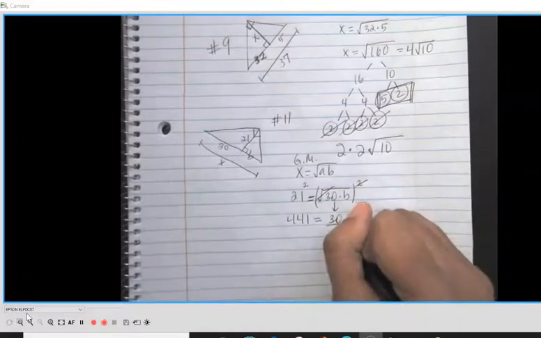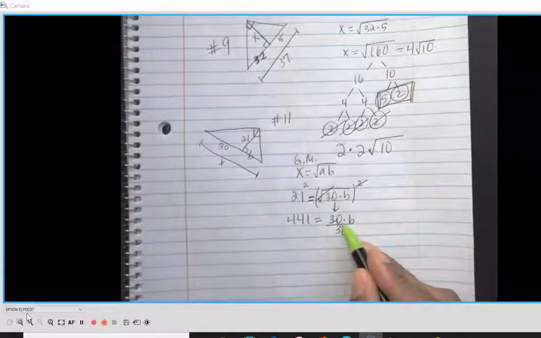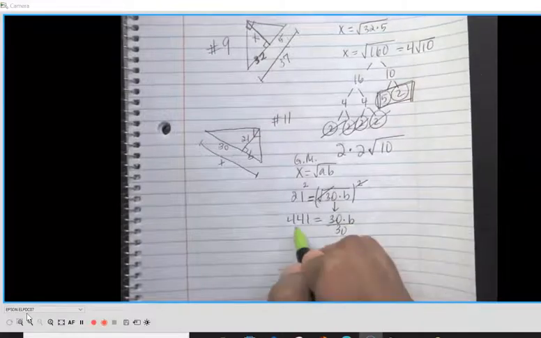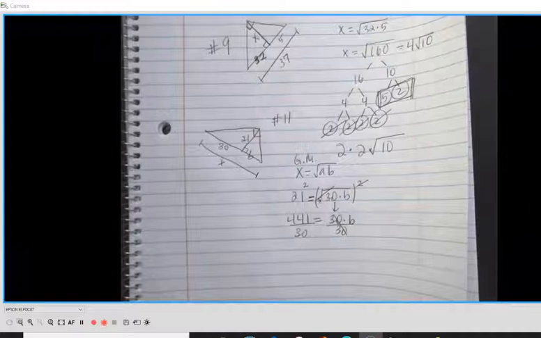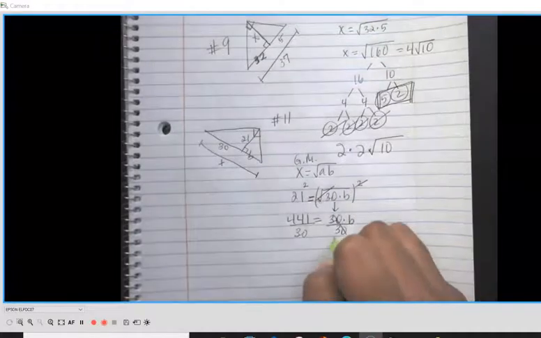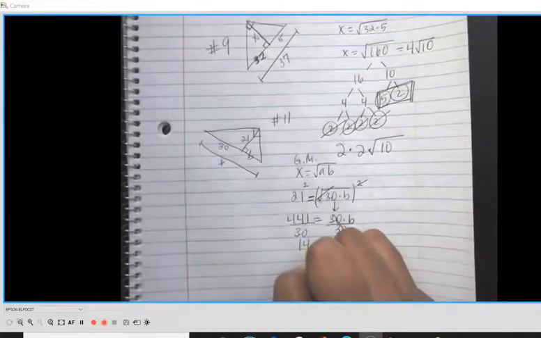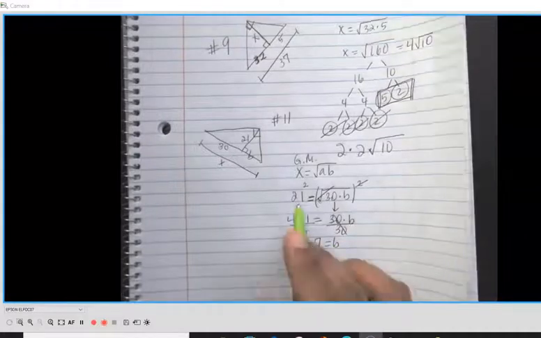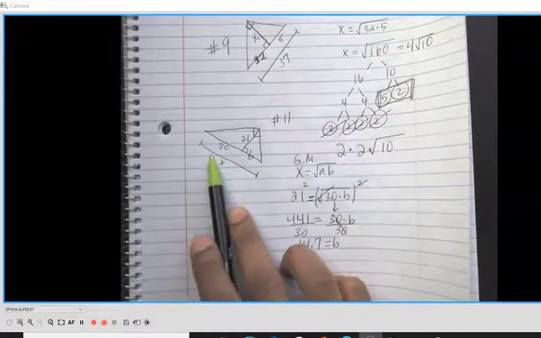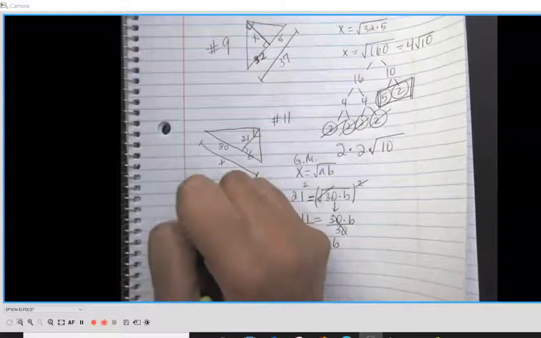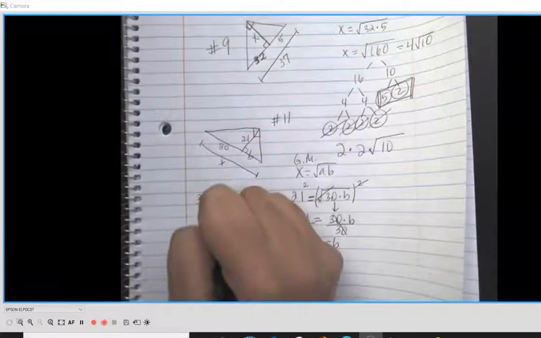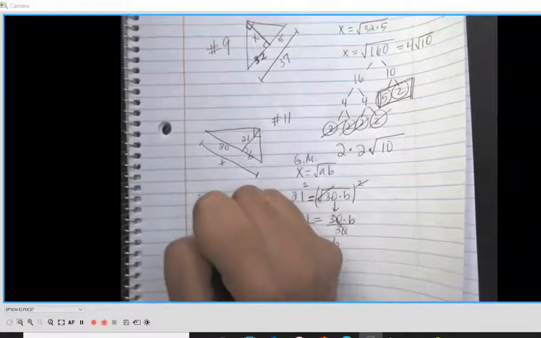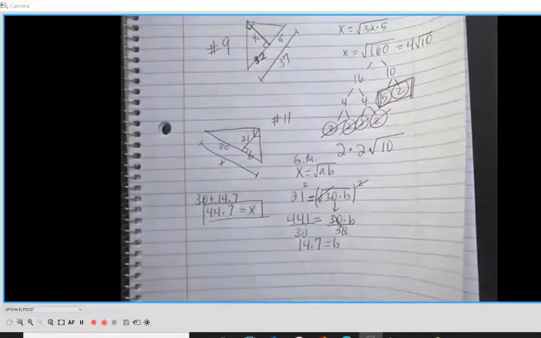And now I'm going to divide by 30 because multiplication is happening here. Opposite is division. What I do to one side, I'm doing to the other. So now if I do 441 divided by 30, b is equal to 14.7. So that's how much this piece is. So if they want to know what x is, we're just going to do 30 plus the 14.7, which is 44.7. That's the x that you're looking for.